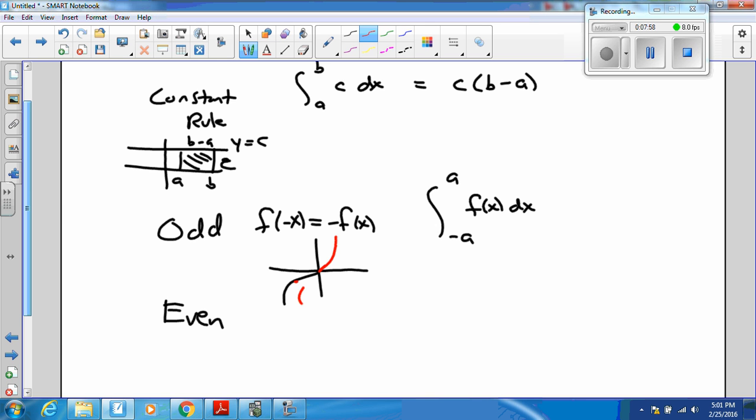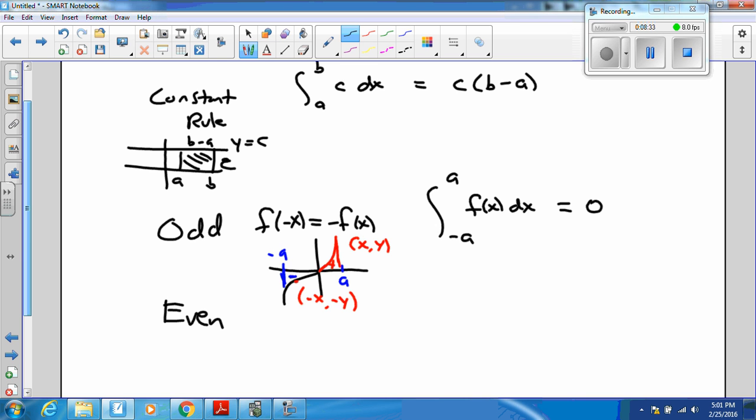But the point here is that any point x comma y on the graph here will have a matching point negative x, negative y on the graph over here. So if I take my odd function now and I add up net signed area from negative a to positive a, then all of the net signed area over here is going to be equal but opposite to all the net signed area over here. They will cancel each other out. And as a result, when I add up an odd function from negative a to a, I get 0.